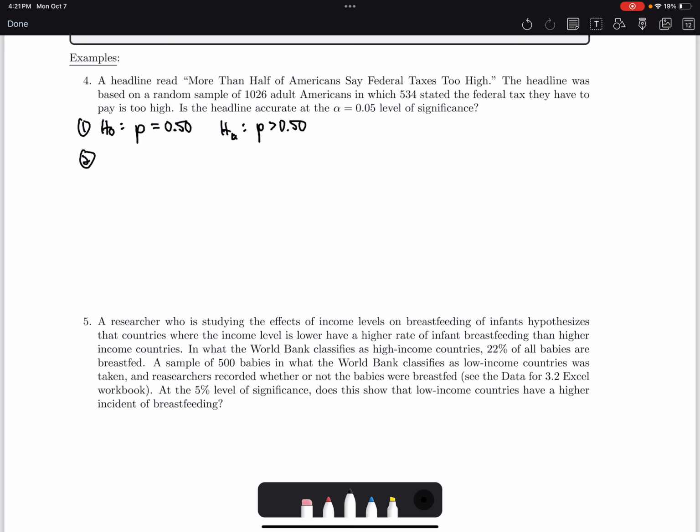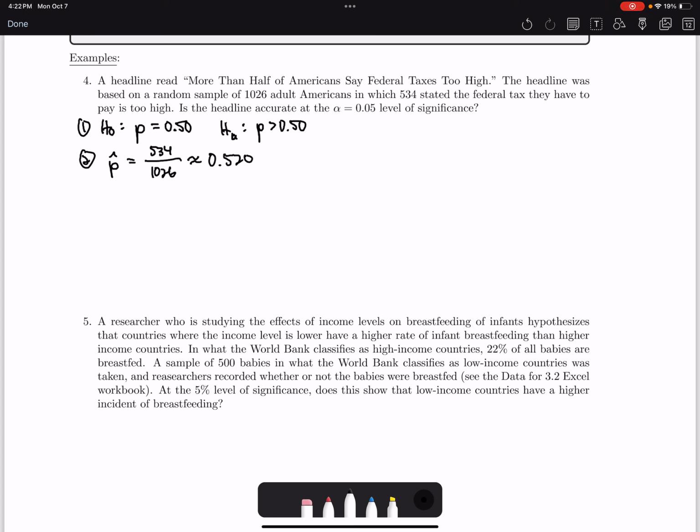The sample evidence in this case, since we're testing a proportion, would be the sample proportion, p hat. It looks like there were 534 people who said taxes were too high out of 1,026 people surveyed. You can punch that into your calculator to see how much that is. It looks like about 52%.